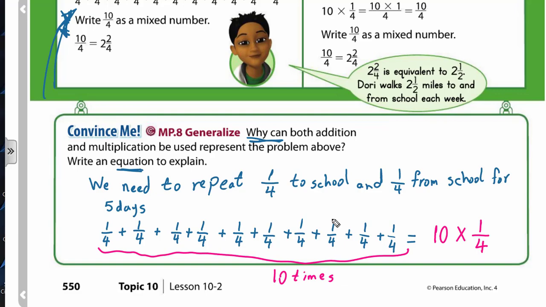Okay, is there anyone writing? Can we move now? No. Yes, Hussein, quickly. Teacher, is my answer right? It's 10 times 1/4, yes, that's right.